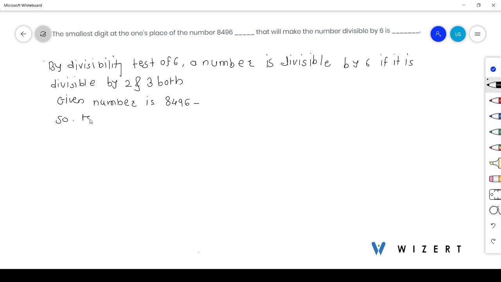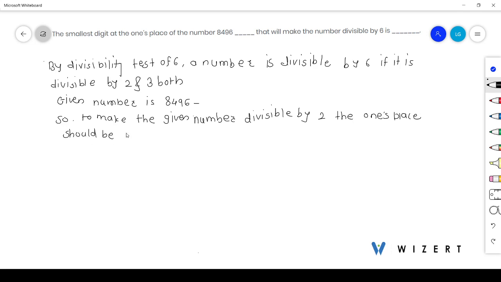So, to make the given number firstly divisible by 2, the last digit, meaning the ones place, should be 0, 2, 4, 6, or 8.